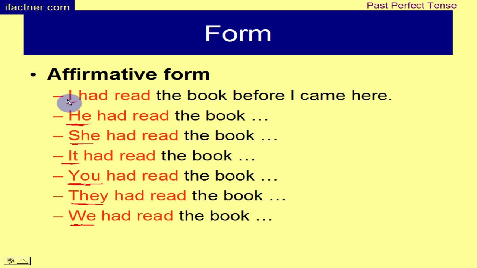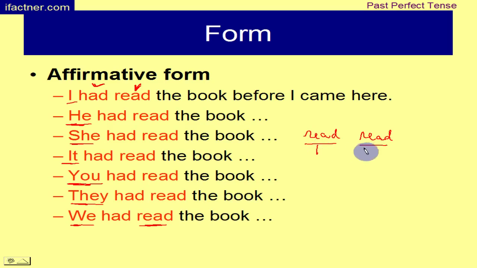So we see that for past perfect tense we use had with all the pronouns and different subjects, and we use the third form of the verb, or the past participle form. This verb read is an irregular verb, and its second form is written like this, but it's spoken like red.